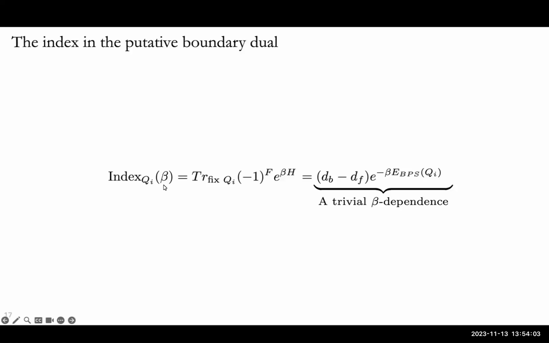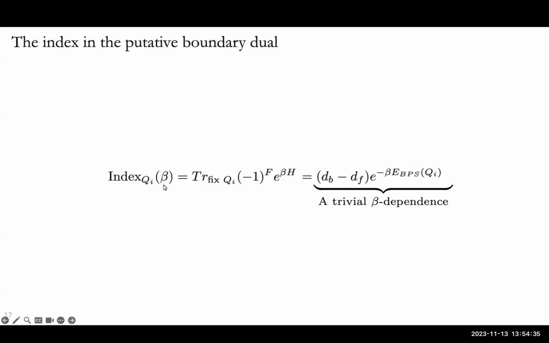An index in a sector of fixed charge can be defined as the insertion of (-1)^F times e^(-beta H), where H is some Hamiltonian. And if supersymmetry is preserved, then what one expects for such an index is that it captures the difference between the bosonic and fermionic degeneracies for BPS states. Namely, the energy E_BPS is only fixed as a function of the charges Q_i of this quantum system.